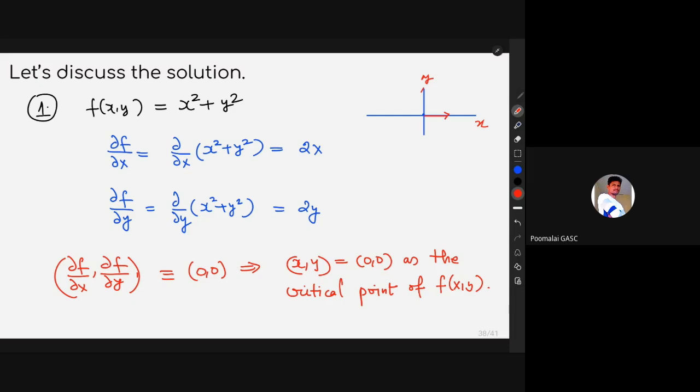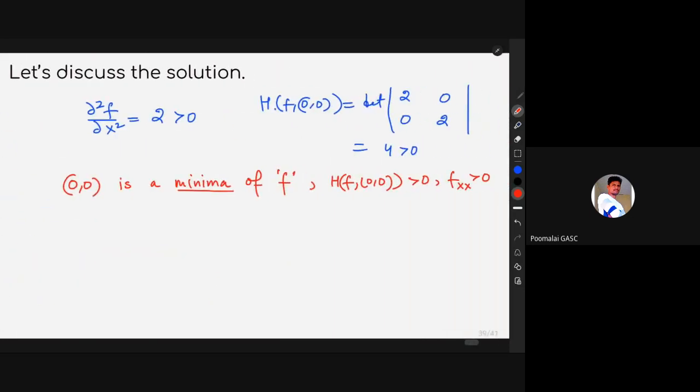And how does an x square graph look like? The x square graph looks like this. Okay, so this is an x square graph.